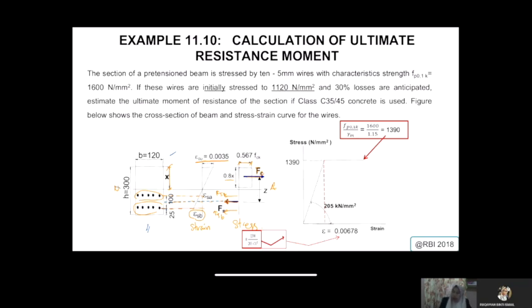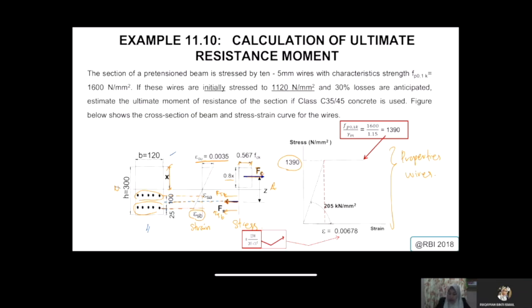The figure below shows the cross section of the beam and the stress strain curve for the wire. This is the material properties of the wire. We say that the ultimate strength is 1390.